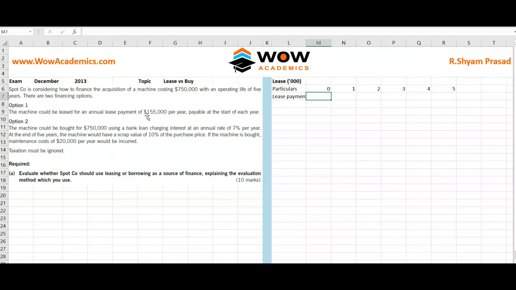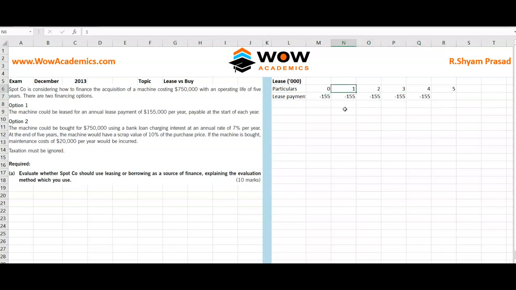So we'll start from the lease payment. Lease payment is 155,000. It is payable at the start of the year. Start of the year means at the beginning. So for the first year, the 1 refers to the end of the year. 0 is the start of the year. So we pay minus 155 at the start. So we just carry this for 4 years.